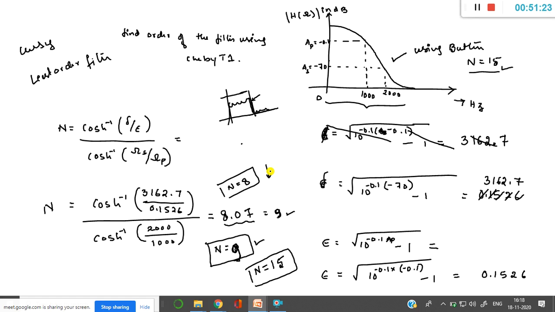If I want to convert it to HPF, I design the LPF and convert it into a high pass filter. If I want to design a band pass filter, I design the LPF and convert it into a band pass filter. The ready-made formulas are available, so we'll make use of those formulas and design the filter by converting from LPF to HPF. That is why we concentrate more on designing the low pass filter itself.